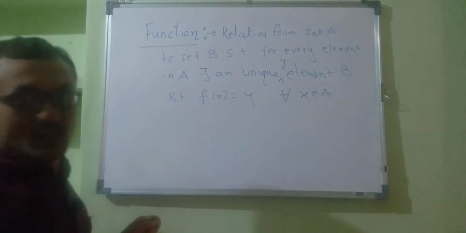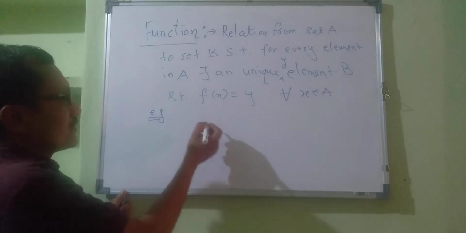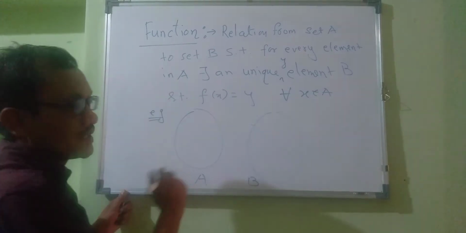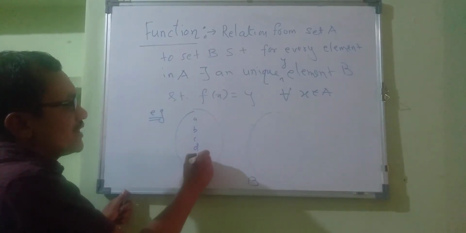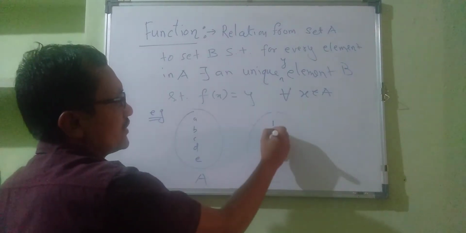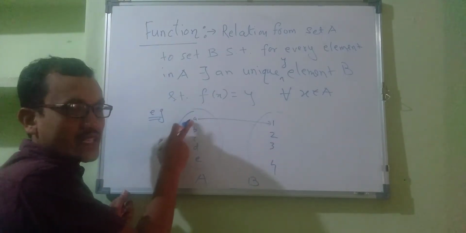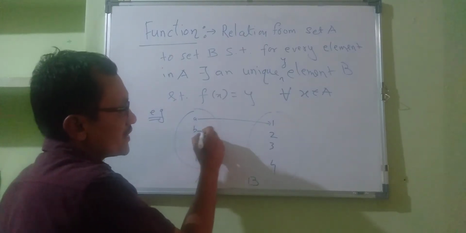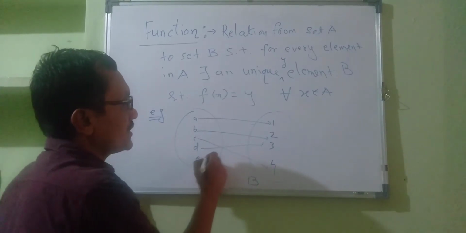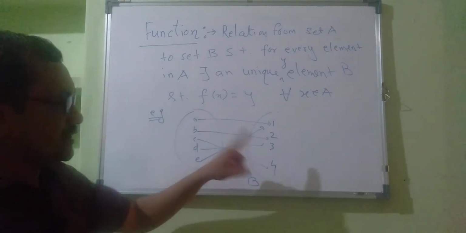So this is called a function. Suppose there are two sets A and B. We take a, b, c, d, e as 5 elements from A, and 1, 2, 3, 4 like this in B. So we have a unique image of each element of A in B, and every element in A has an image, and that image is unique.